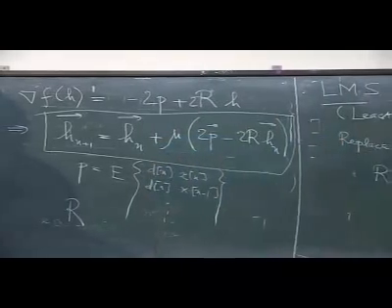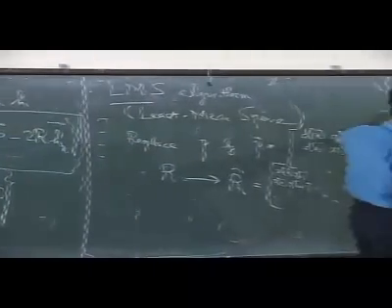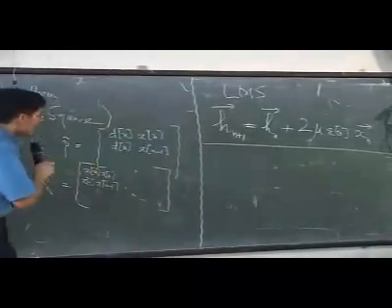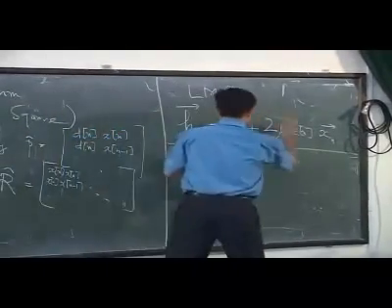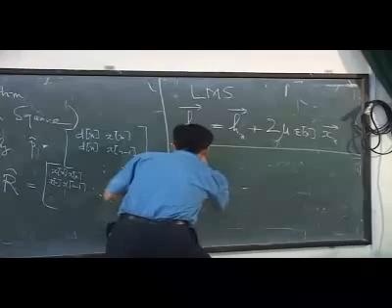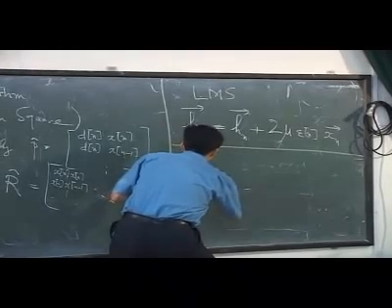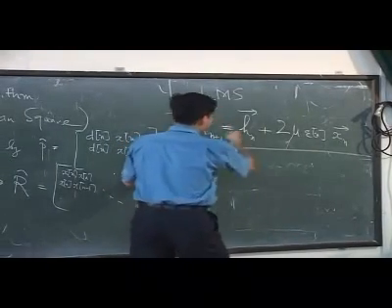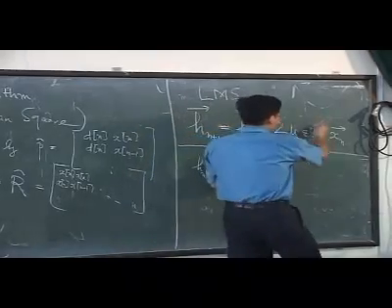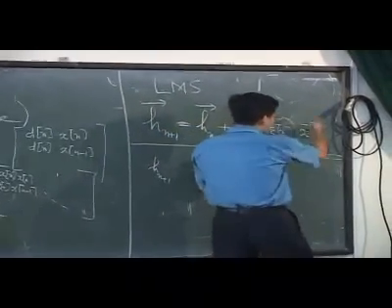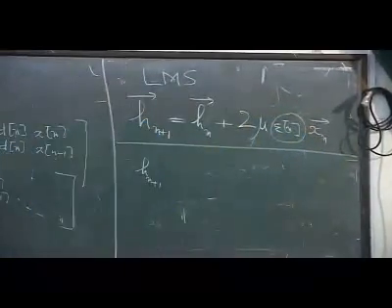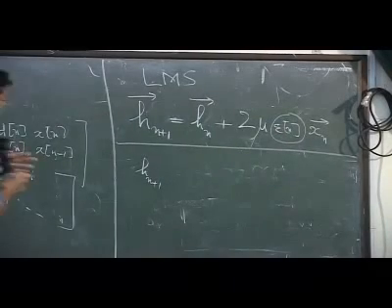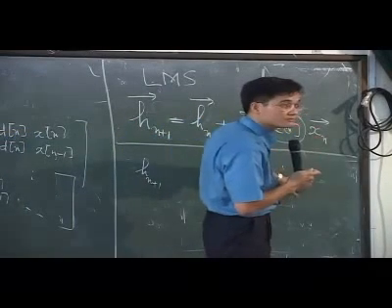Okay, so I ask you at home to derive and show this. So this equation here, in full, is h of n plus 1, that filter, based on the previous sample, look at this error, and then look at the previous input.